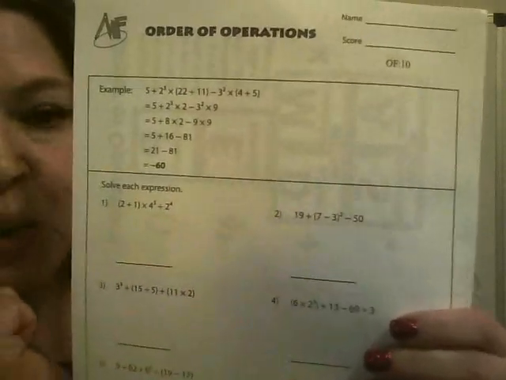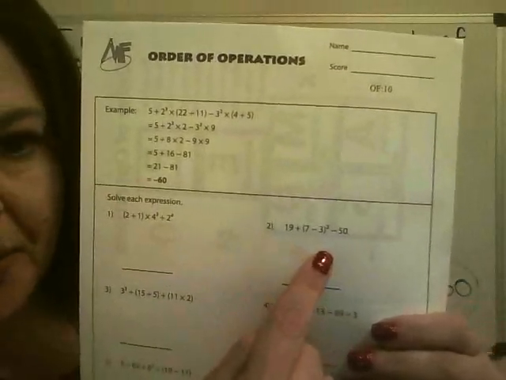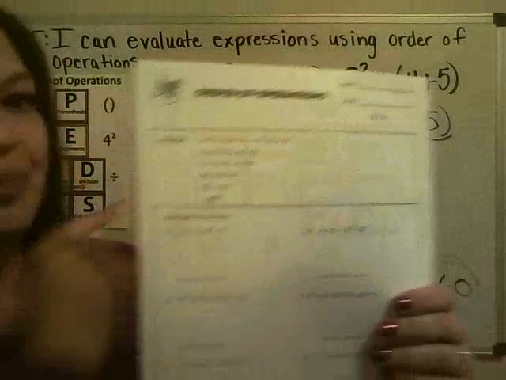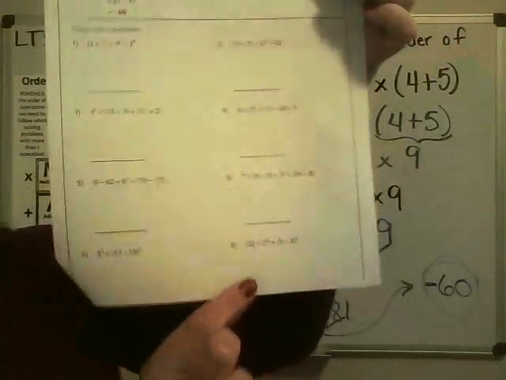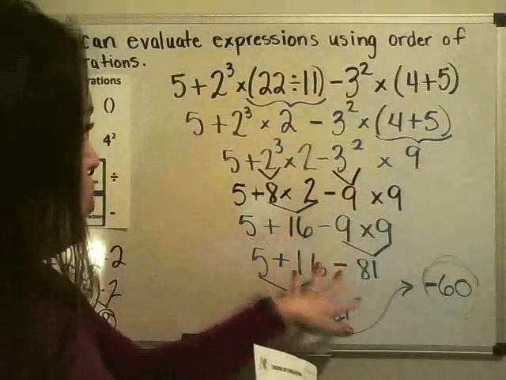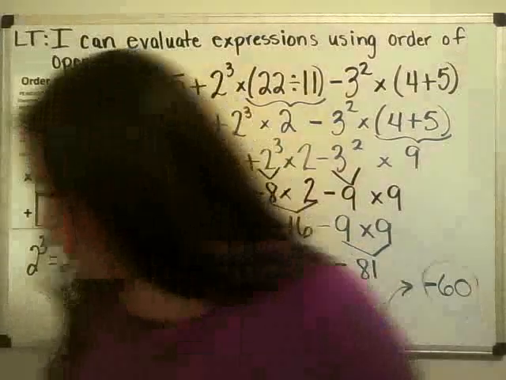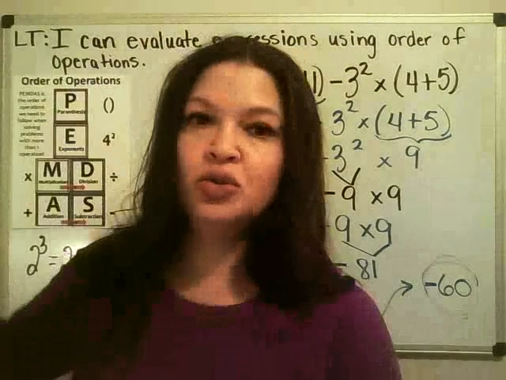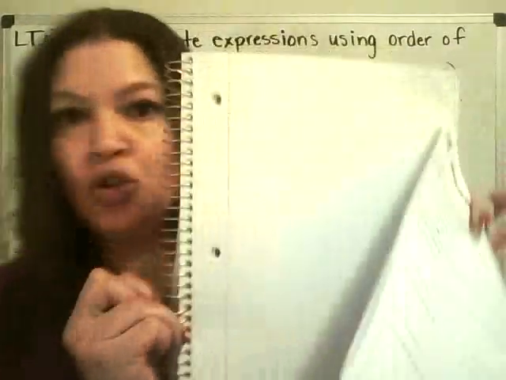I would say that we are going to work on 1 and 2 together on the board, okay? And then I will leave you to work. You are going to work on 3 through 8 on this page. If you don't have enough room to do all your cones and everything, please feel free to use your notebook.